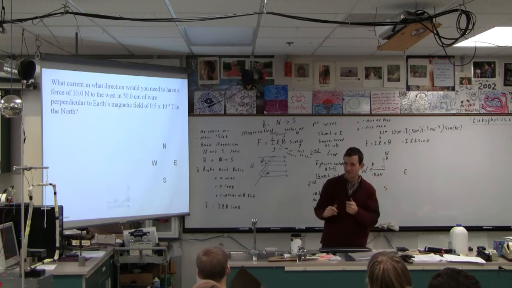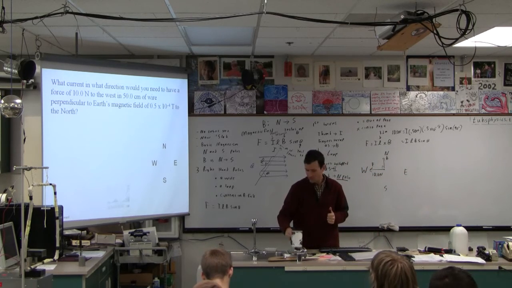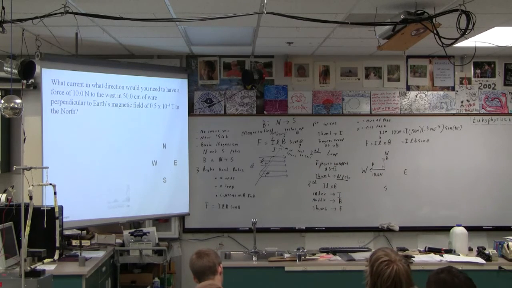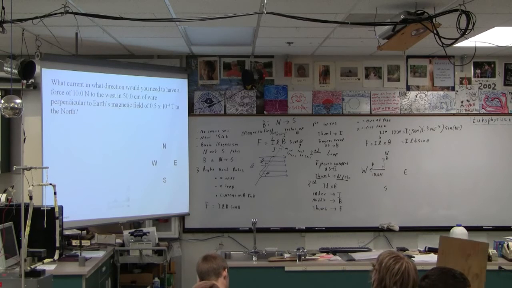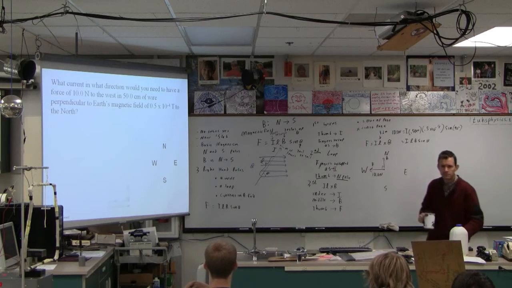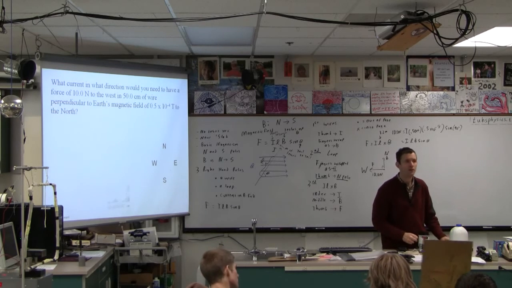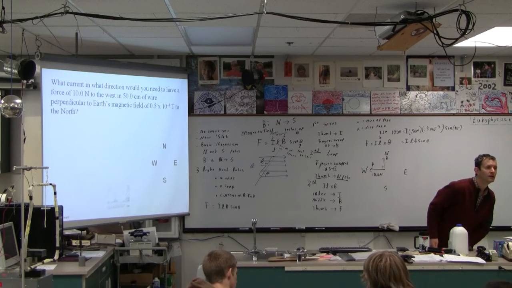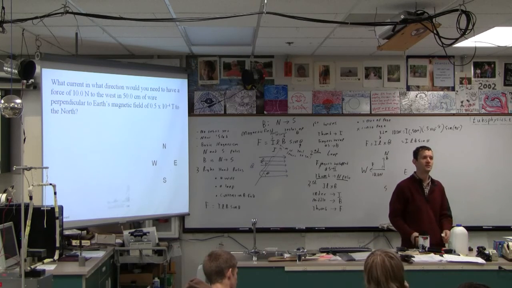It's got a lot of amps in it. 10 to the 5th. 1.24 times 10 to the 5th. How many zeros does that have? Is that 5? It's got 5 zeros. I love it.